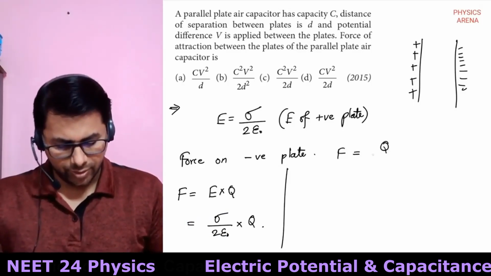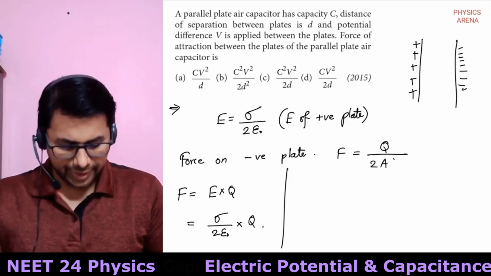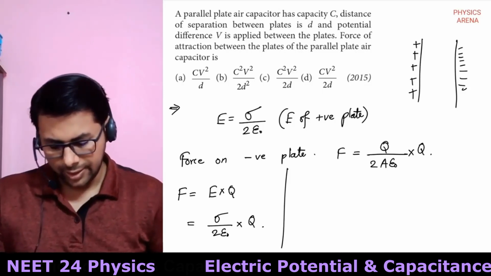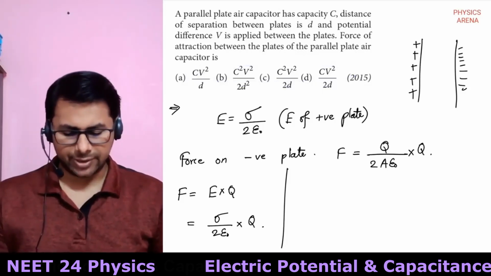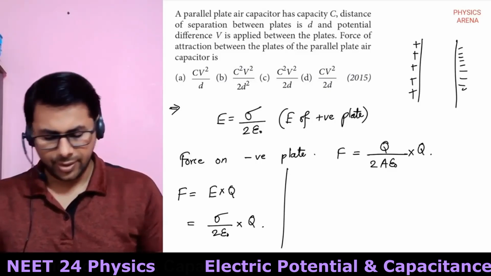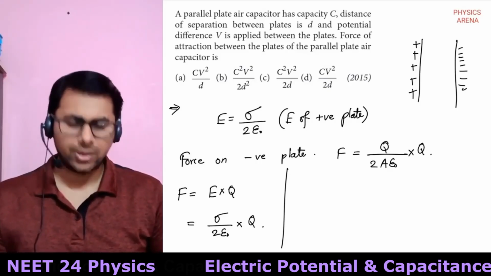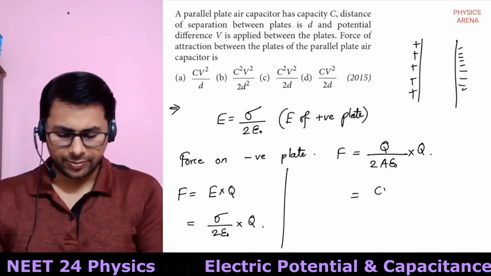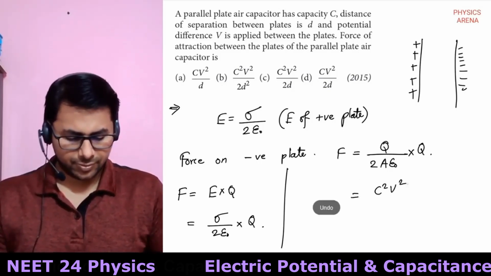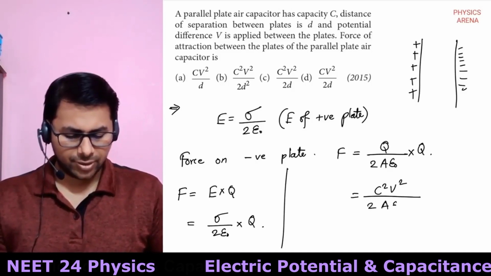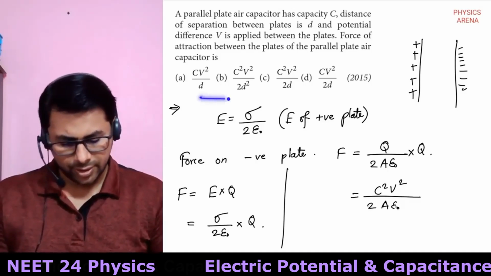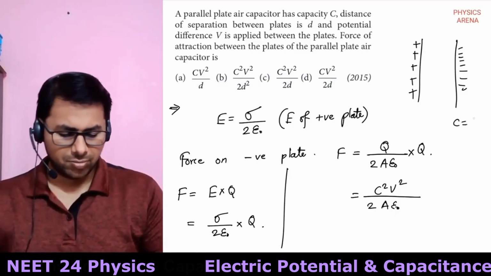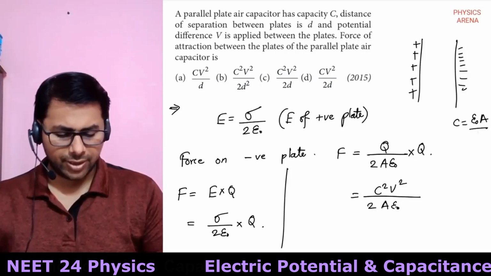So this is Q upon 2A epsilon naught times Q. The options are in terms of capacitance, so Q is equal to CV. This will become C square V square upon 2 times A epsilon naught. But there is no epsilon naught here. So you can say C is equal to epsilon naught A upon D.